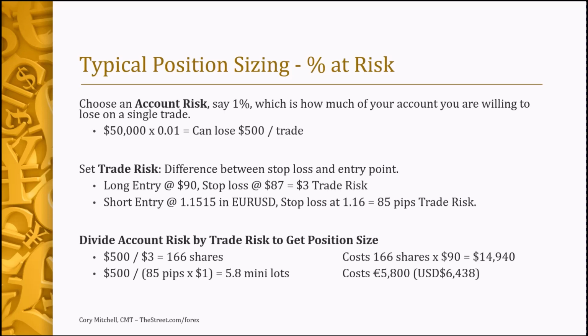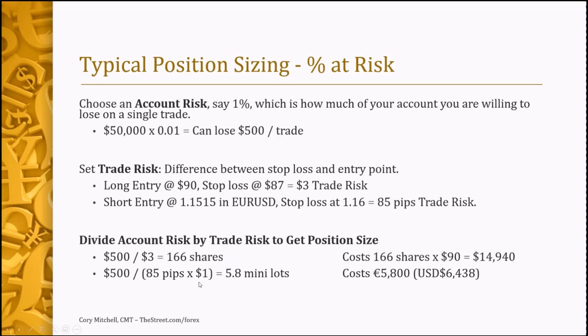Next example is a currency example. You go short the Euro USD at 115.15 and place a stop loss at 116. That's 85 pips of risk. There's one extra step here because currencies have different pip values depending on what currency your account is denominated in and the currency pair you're trading.